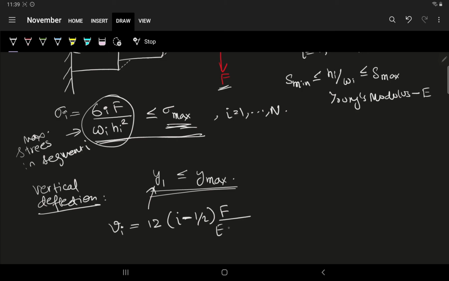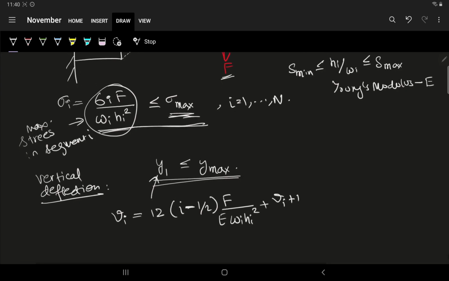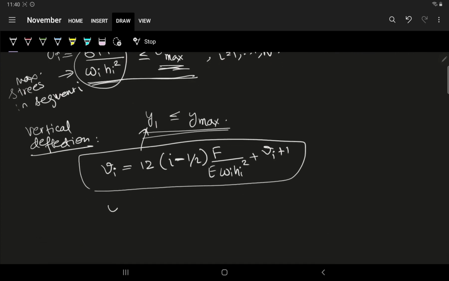So this is kind of a recursive value. Also yi's are recursive with this formula.